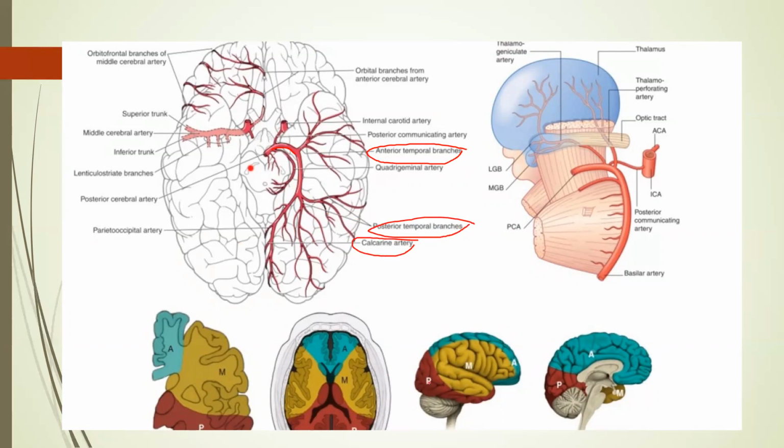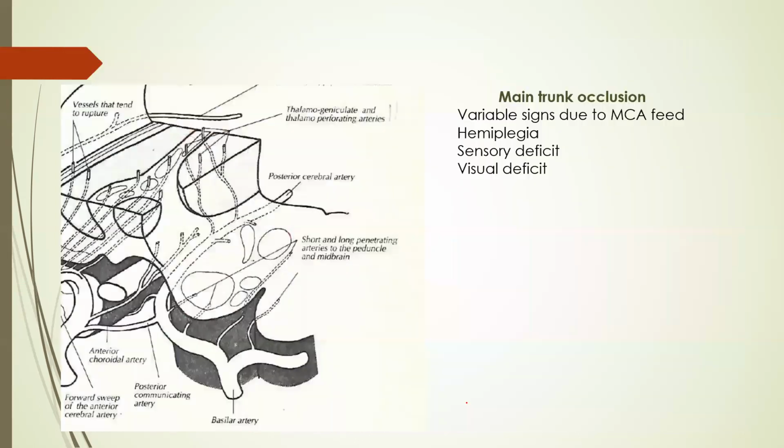We know that the posterior cerebral artery supplies the predominant part of the base of the brain, the posterior part of the parietal lobe and the entire occipital region. Now, for a main trunk lesion, you expect a very dense deficit, but that's not the reality.